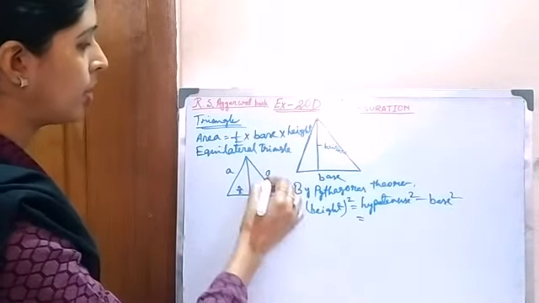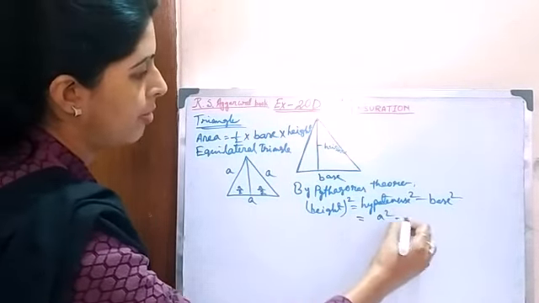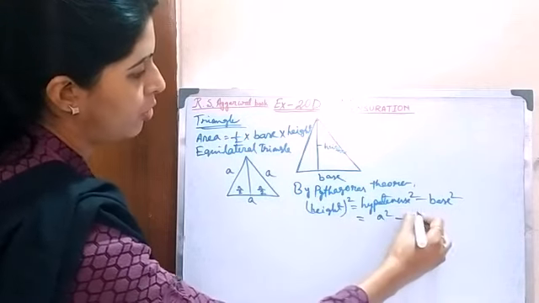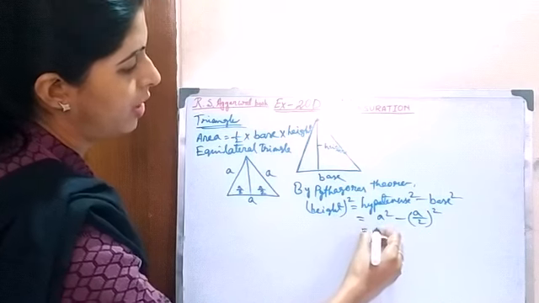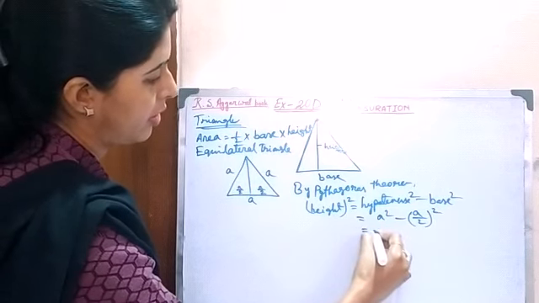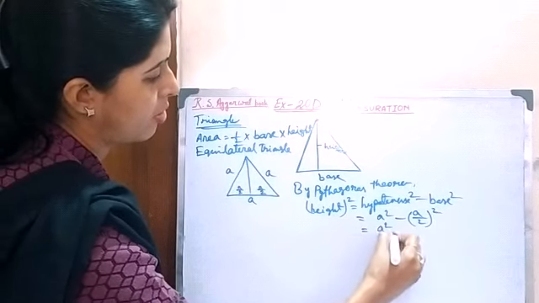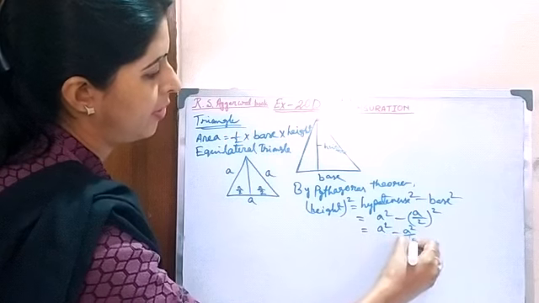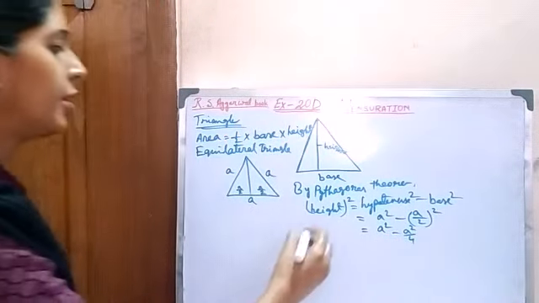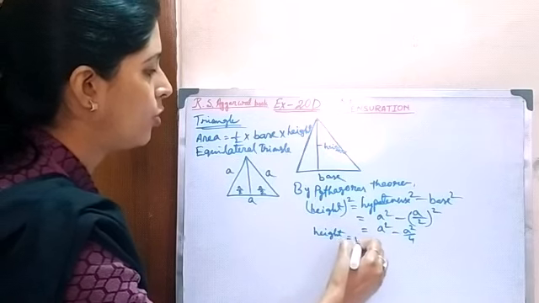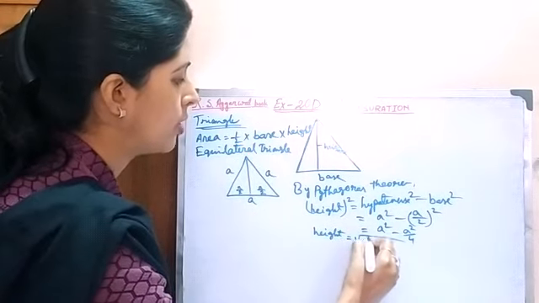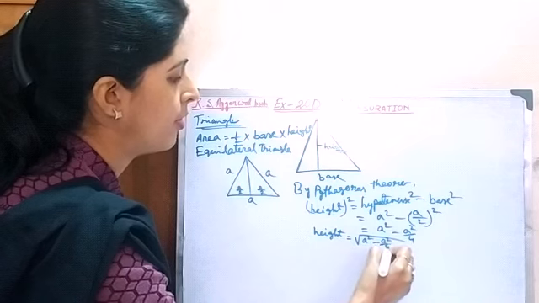Now hypotenuse square means A square, minus base square means A by 2 whole square. Now we will calculate it. That means A square minus A square by 4. Now height equal to root over A square minus A square by 4.